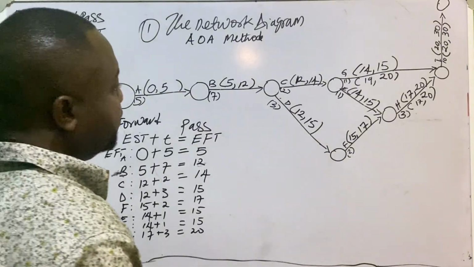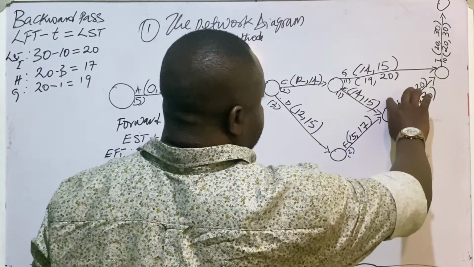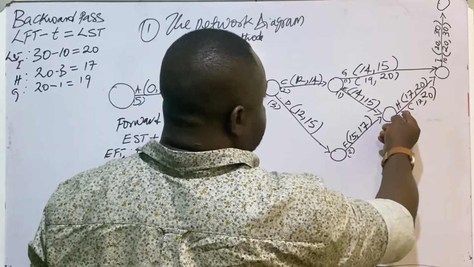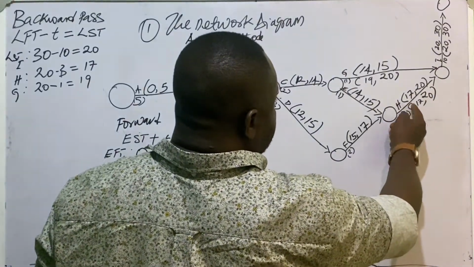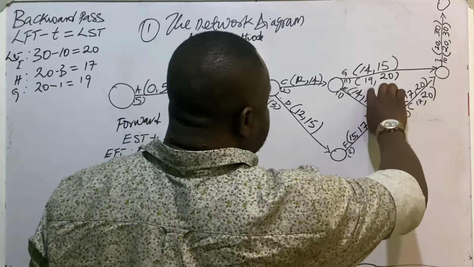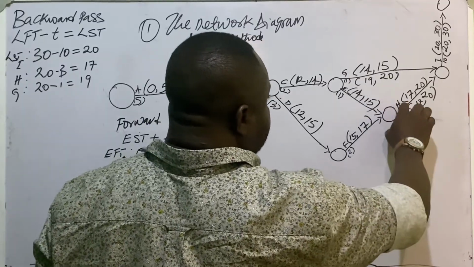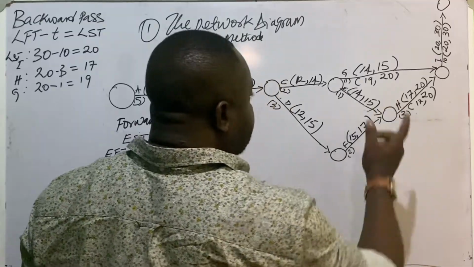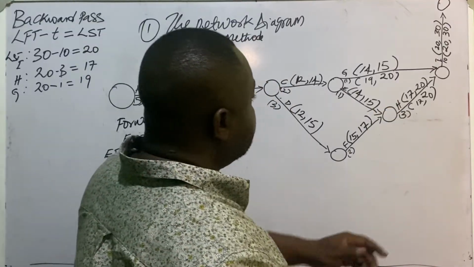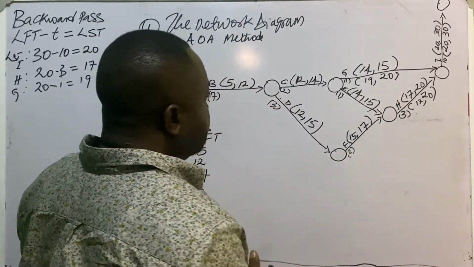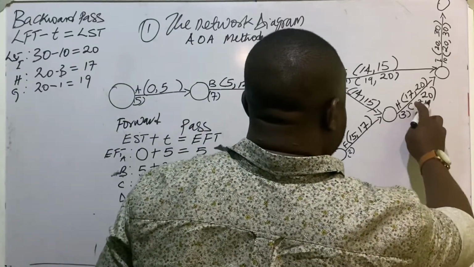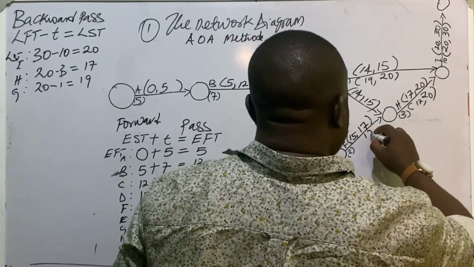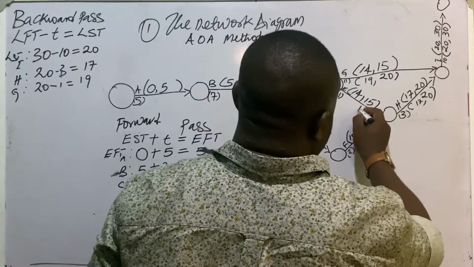Now, for these two activities, this 17 should guide these two activities that ended into it. Just like when we're moving forward, we're selecting the one that is higher. As this is guiding this, we're going to have 17 here, 17 here.